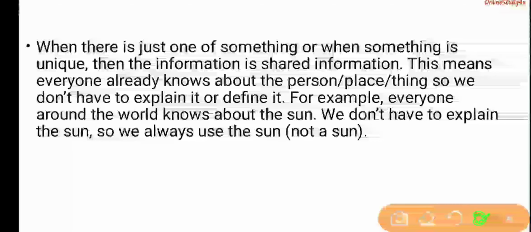When there is just one of something or when something is unique, then the information is shared information. This means everyone already knows about the person, place, or thing, so we don't have to explain it or define it. That's why we use the article the with that. For example, everyone around the world knows about the sun.